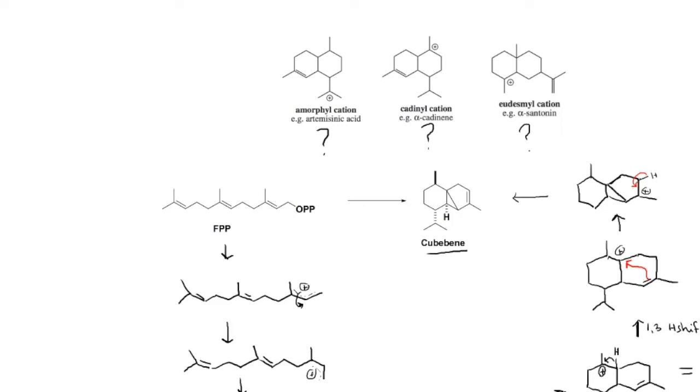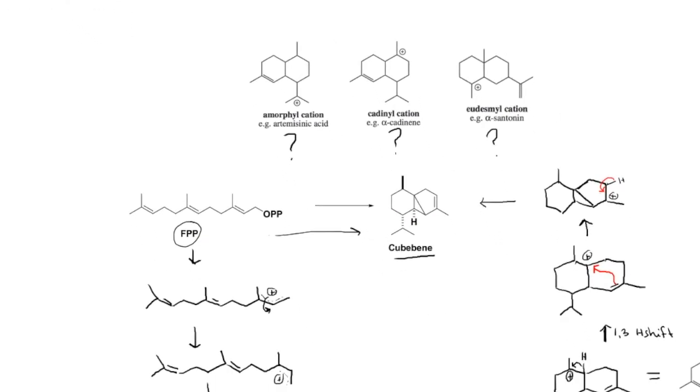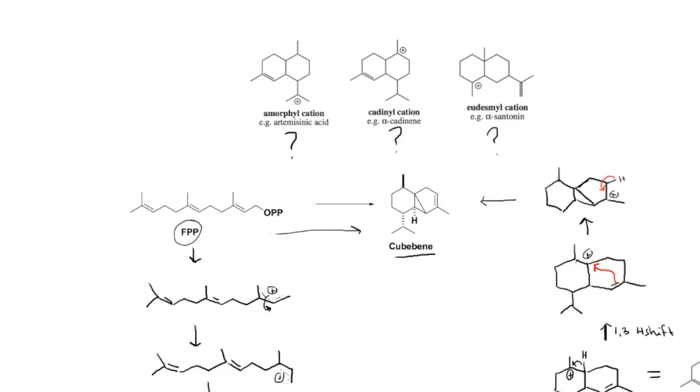And looking at this, the question says, how do you go from FPP over to cubene and propose a rational route mechanistically? And so looking at cubene, I can see that it fits the kind of pattern of these six different ring cations that we just talked about. And you can see that, and maybe Mike did this on purpose, the way that it's represented is flipped, right?